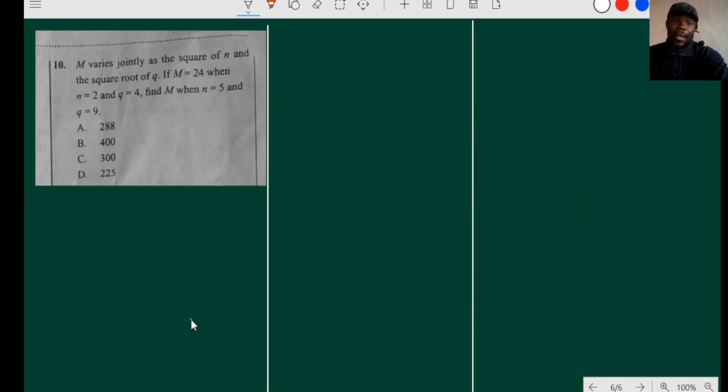So we're in question 10. Question 10 said, m varies jointly as the square of n and the square root of q.